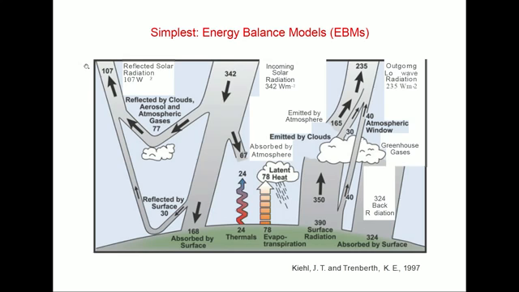This lovely picture, due to these people over here, shows the key thing is this number here, 342, which is the amount of energy that comes into us from the sun. That energy typically comes in short wavelengths. It then heats up the Earth, and that energy is then radiated back out into space.